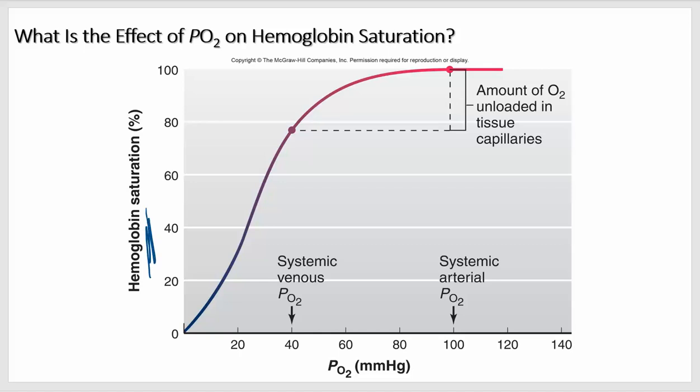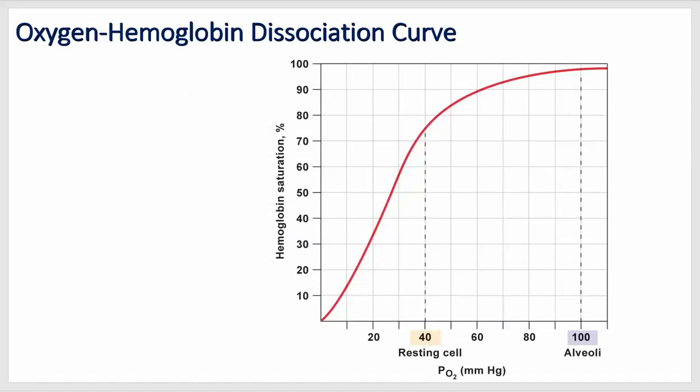That's what this graph is showing: at higher partial pressures of oxygen, like you may see in the lungs or in the alveolus, we'll see more attached to the hemoglobin. And then in the tissues, the oxygen will drop, and you have less on the hemoglobin because it moves off and into the tissue cells. So this is what we call the oxygen hemoglobin dissociation curve.